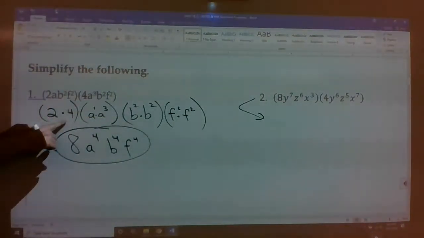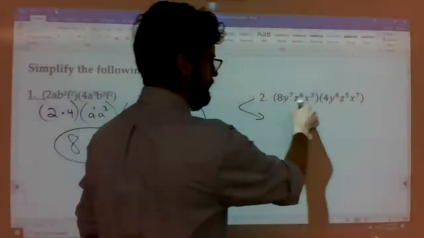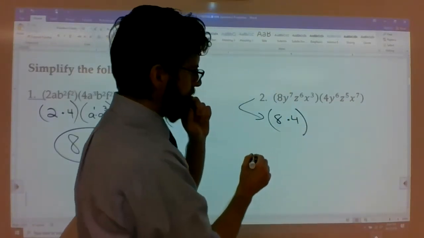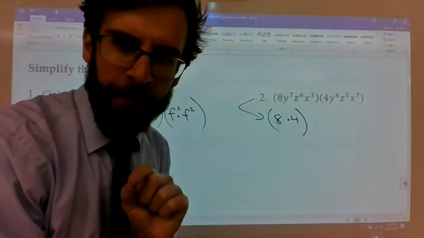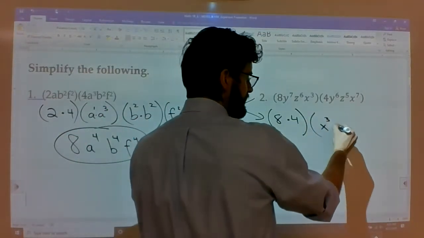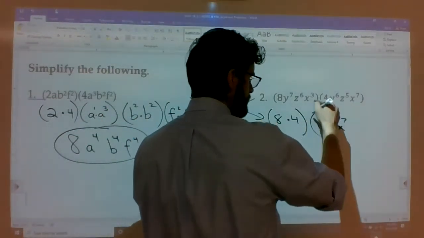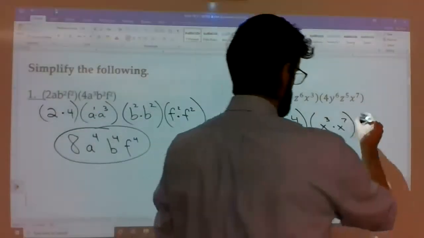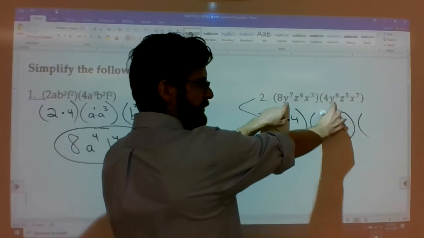You should be grouping 8 and 4 together. Let's see, I'm going to keep it in alphabetical order. So I'm going to do x cubed times x to the 7. Then I'm going to do y to the 7, y to the 6.